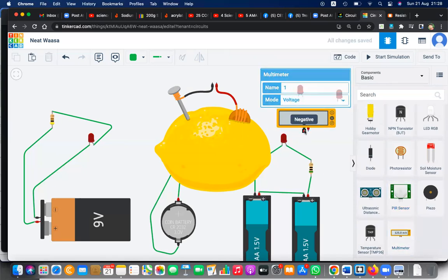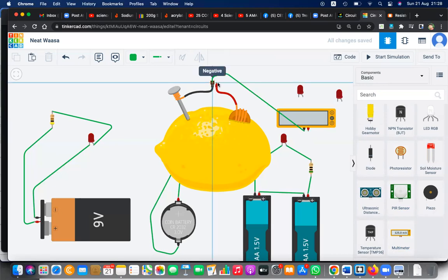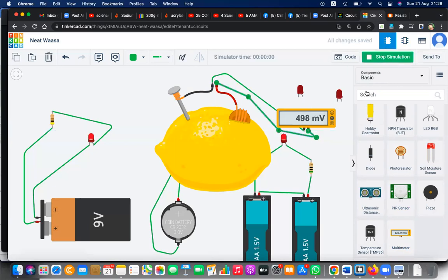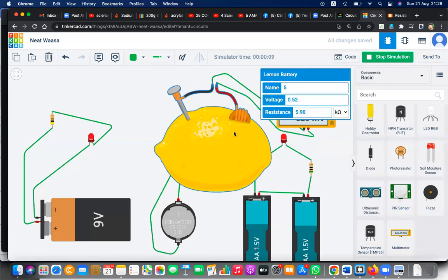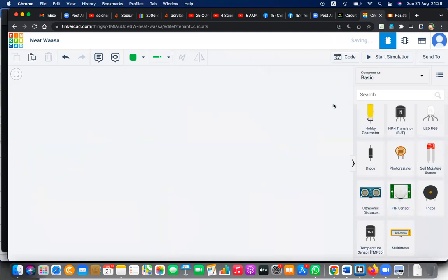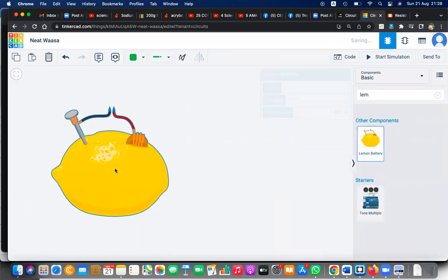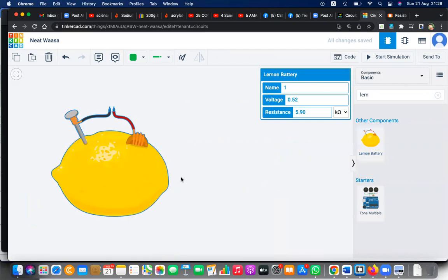You can see negative to negative, positive to positive. Let's measure this. It is only millivolts here. It's only millivolts, so not enough. So what do you need? How can you light it up? One lemon is not enough. Get a few lemons.